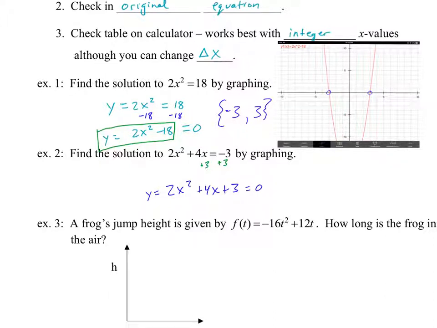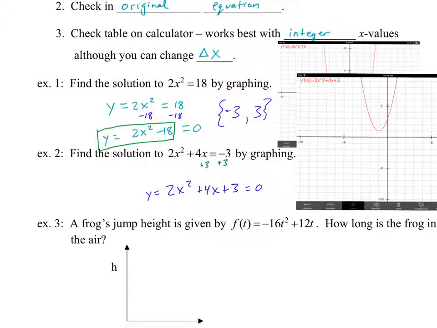If we punch that into a calculator, your graph will look like this new one, and looking at that, there are no x-intercepts. The whole thing is up above the x-axis. So for one like this, probably best to write no solution.